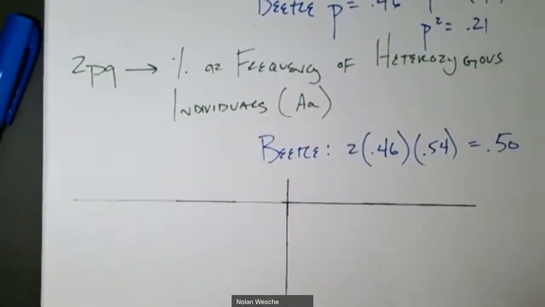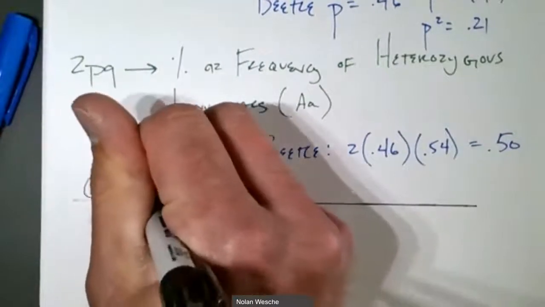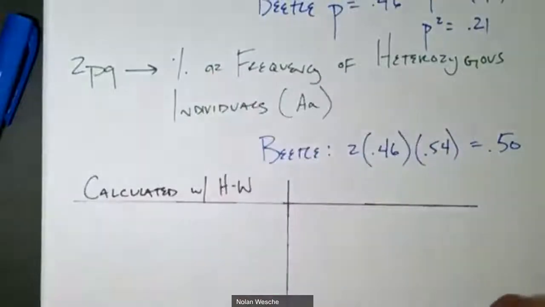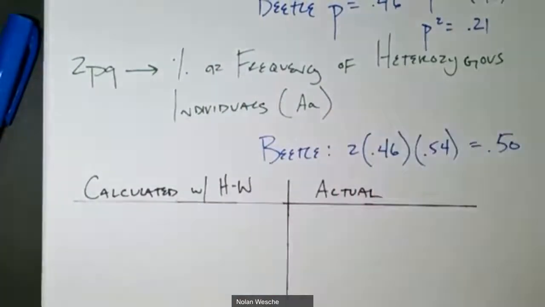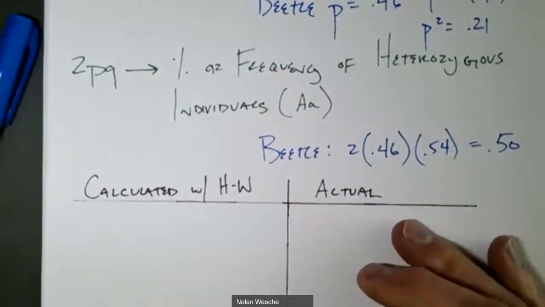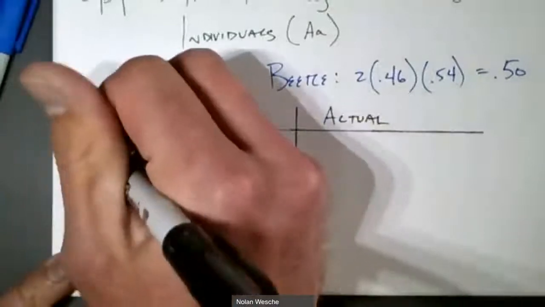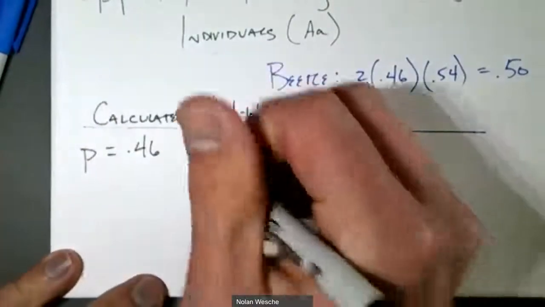So we're going to compare here our calculated values with the Hardy-Weinberg equation, and then we're going to look at what the actual values are and look at the differences between the two. So we said our p-value, our dominant allele frequency was 46% or 0.46.